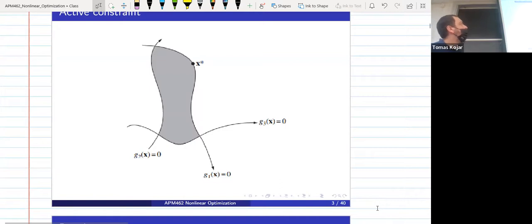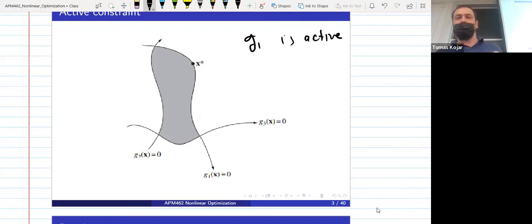Can someone tell me for which constraints X star is active? And which ones are inactive? Yeah, so G1 is active, and G2, G3 are inactive. Now, why do we care about this? Let me draw a picture here.